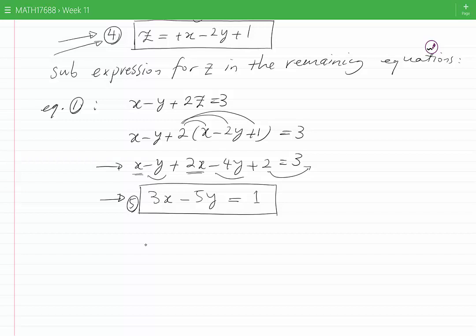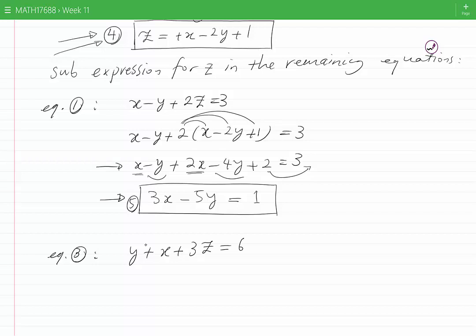Now we plug in the expression for z in equation 4 into equation 3. Equation 3 says y plus x plus 3z is equal to 6.